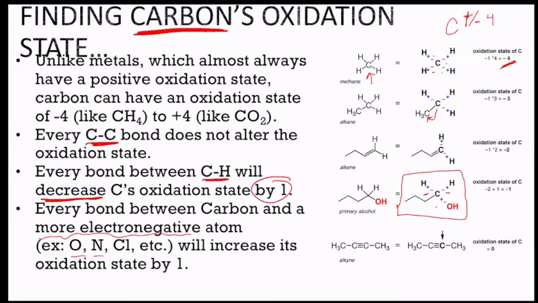So you have a +1 charge because the oxygen is pulling more. So you add it all together. You get the -2 that are coming from the 2 hydrogens, and you get the +1 that is coming from the oxygen, and all together that gives carbon the oxidation state of a -1. This carbon is only bonded to other carbons, so it has an oxidation state of 0.